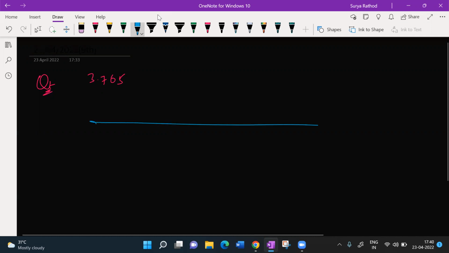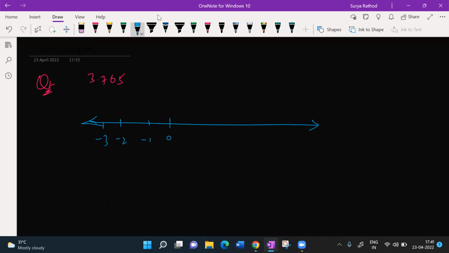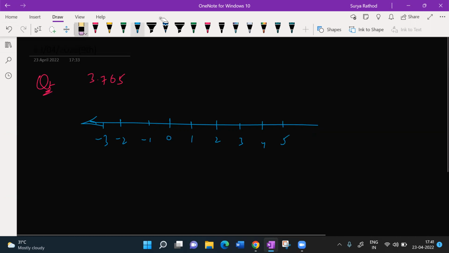First of all, let us draw a number line. 0, -1, -2, -3, and so on; 1, 2, 3, 4, 5, 6, 7.